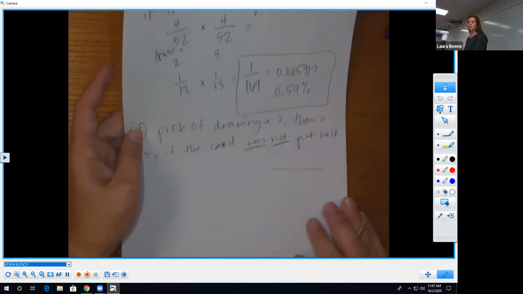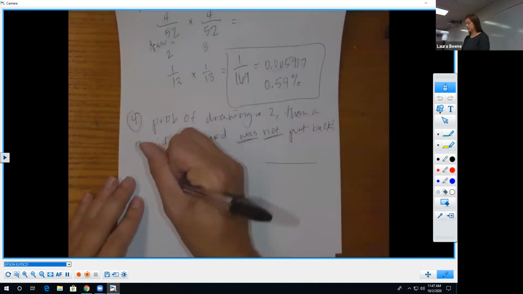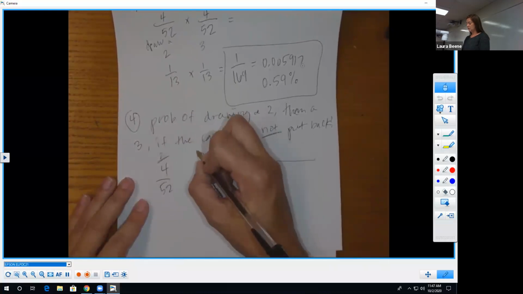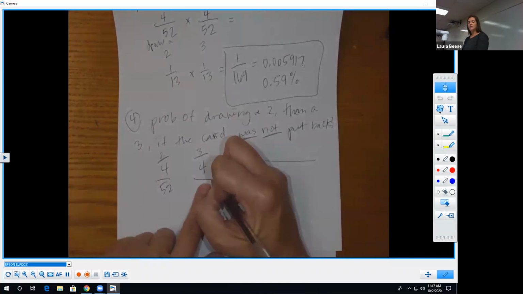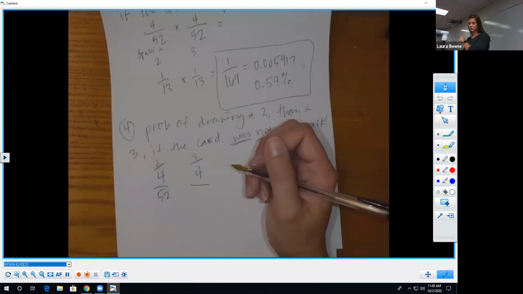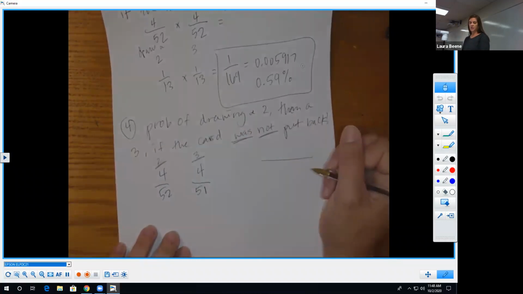Sorry, I'm writing really messy. Okay, so your initial draw of 2 is still the same. There's still 4 2s out of a total of 52 cards. So this is the 2. The 3 this time, there are still 4 3s, but how many total cards do we have now? We didn't put that first 2 that we drew back in, so there are only 51 cards to choose from now.